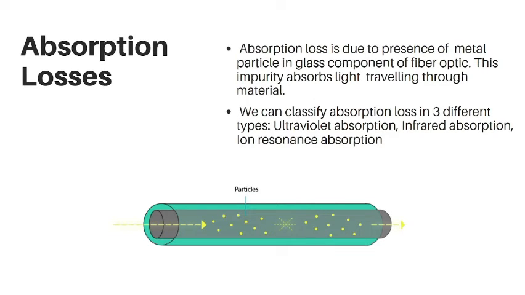Then, absorption. We can classify absorption into three different types: first, ultraviolet; then infrared lights; and then ion resonance. Optical fiber communication can happen in two ways. We can transmit only a single data through the cable, or we can transmit multiple data. Multiple data means different types of light rays.